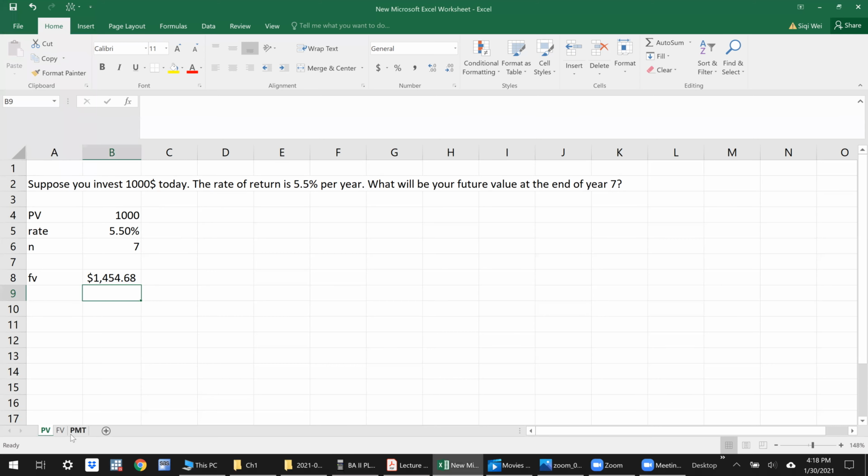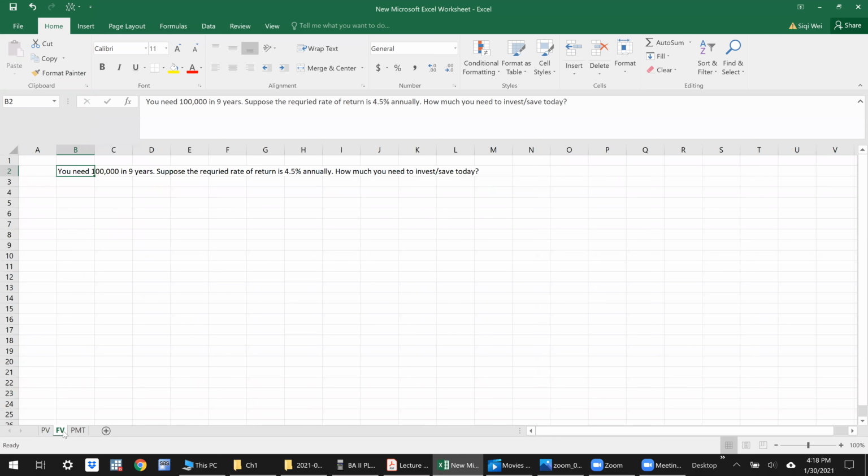Okay. Now let's turn to a real quick exercise on the present value. Okay, so suppose you need 100,000 in 9 years, for whatever purposes, education or whatever. And the required rate of return or opportunity cost is 4.5% on the annual basis. How much do you need to have today?